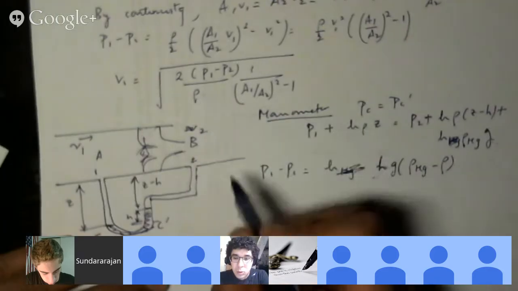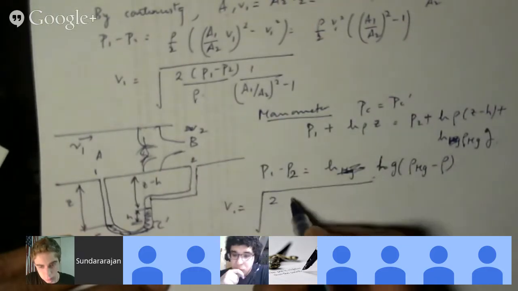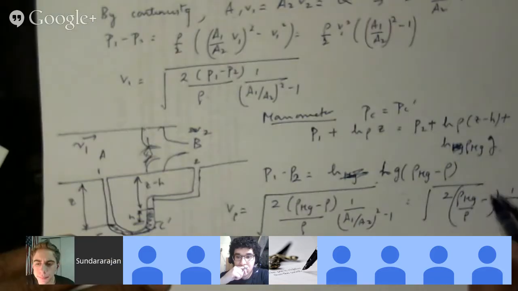Now I take that and plug that in there. I get V1 equals the square root of 2, and there is a G somewhere, sorry.